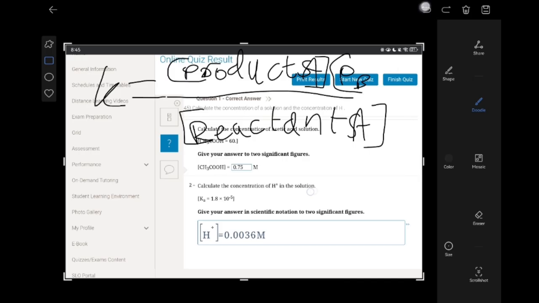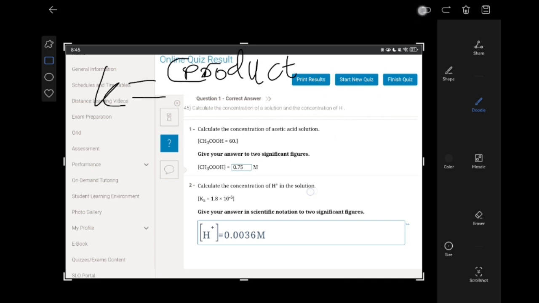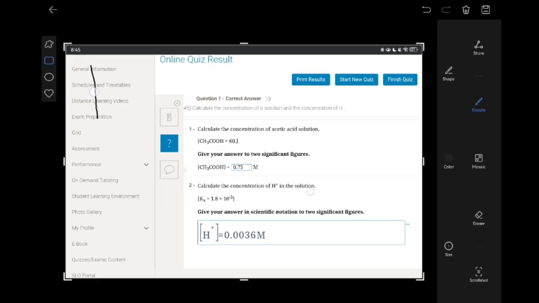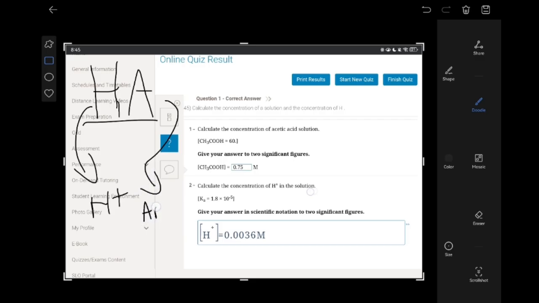Look what we do here. This is common sense if you look at almost every formula by now. We have H and, let's say, A. This is an acid. It's made up of H plus and an anion, right? So we're using A as the anion. When it dissolves, it dissociates into H plus plus A minus.